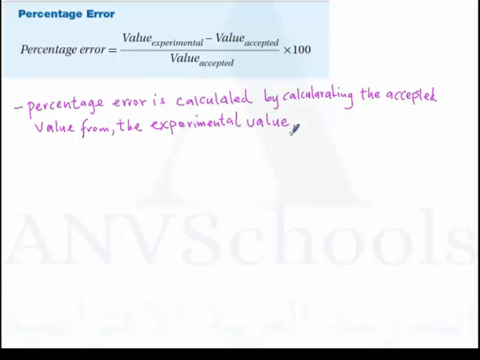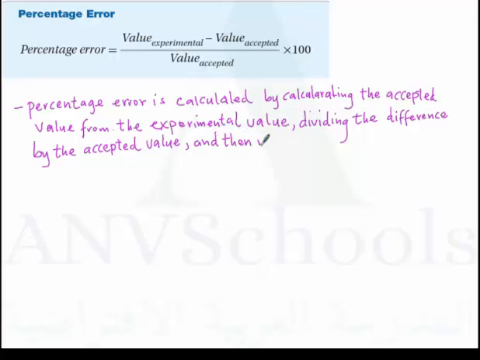Then we divide the difference by the accepted value and then multiply by 100.